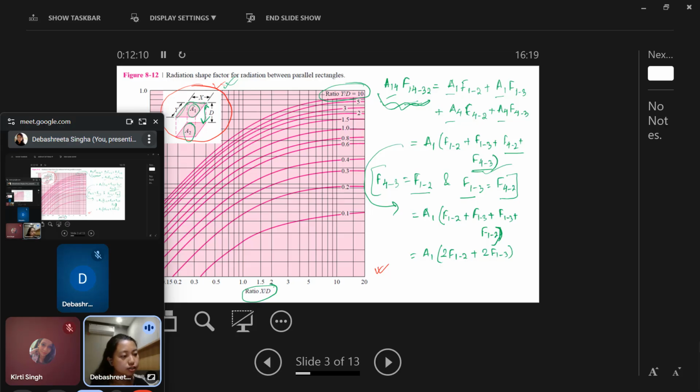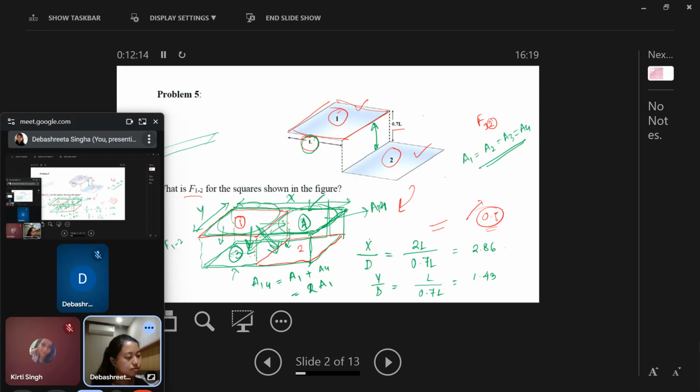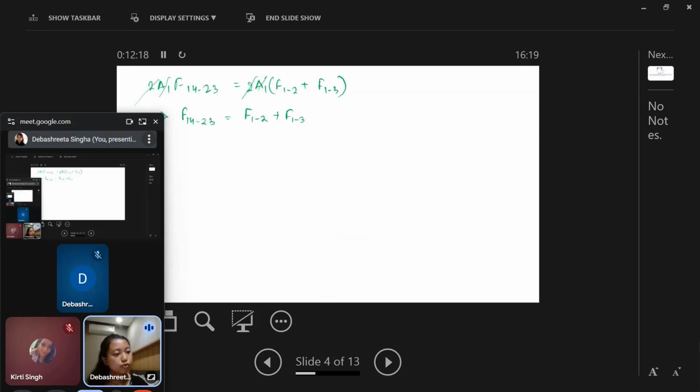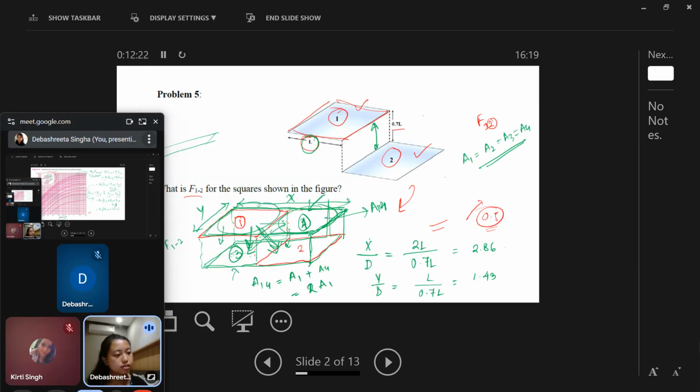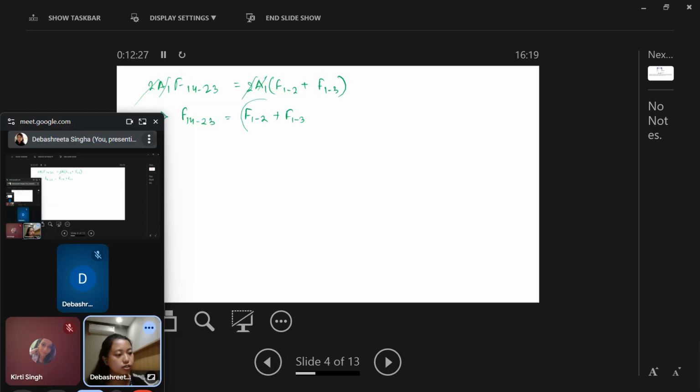Now from this figure, we have to individually find this out. The question was that we have to find F12 for the square shown in the figure. So we have to find this out.